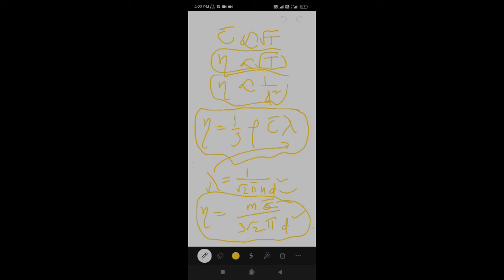That's why this eta value decreases in the d square manner. As you increase d, that means if you pick up molecules of large size, then the viscosity of the gas decreases. This is the meaning of this expression.